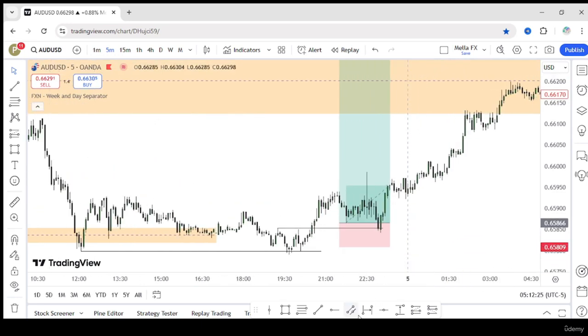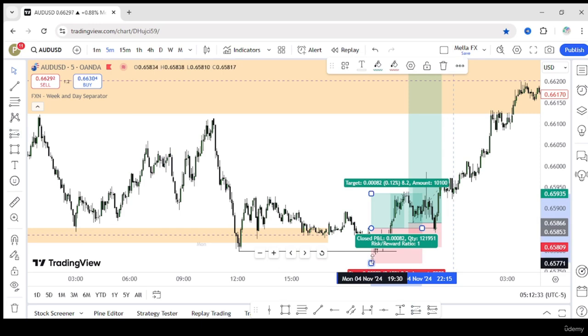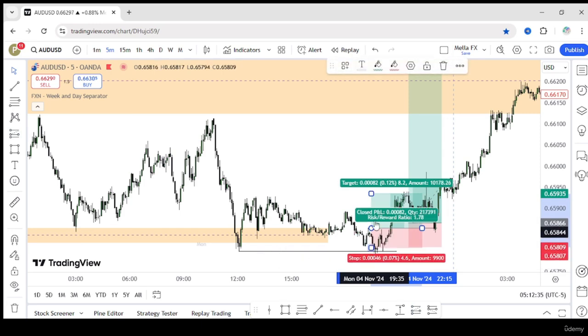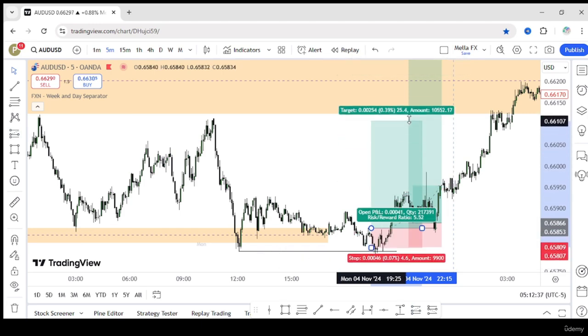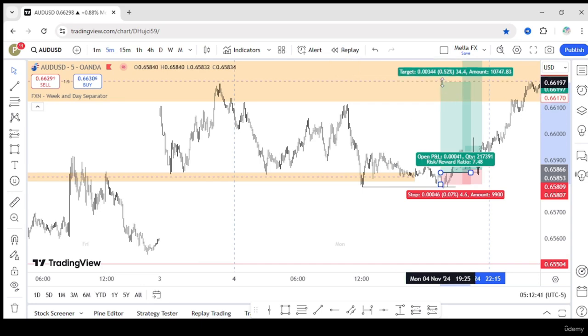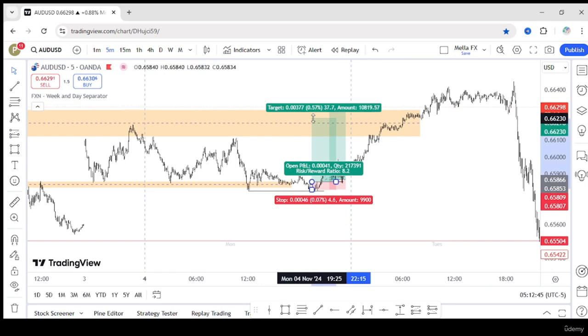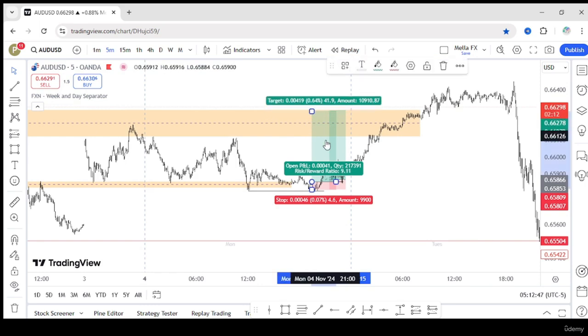And if you would have entered from the breaker and placed your stop at the low of the breaker, it's almost the same. So your stop loss, your target would be here, the first. And overall, we have seen that if you target the 4-hour to be filled, that will be there.